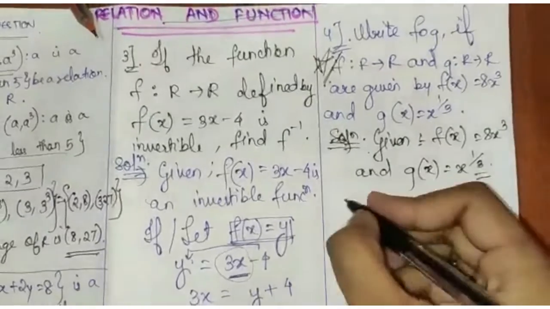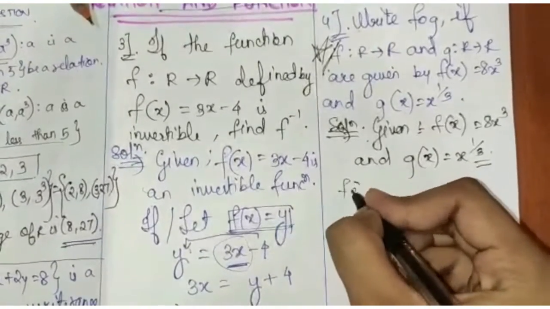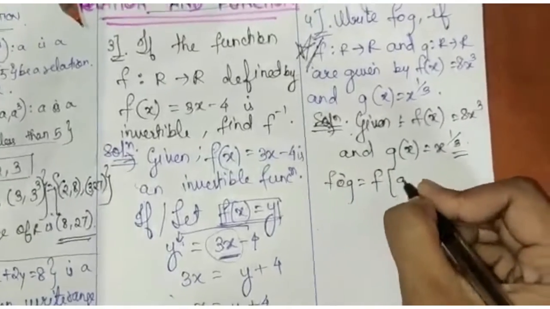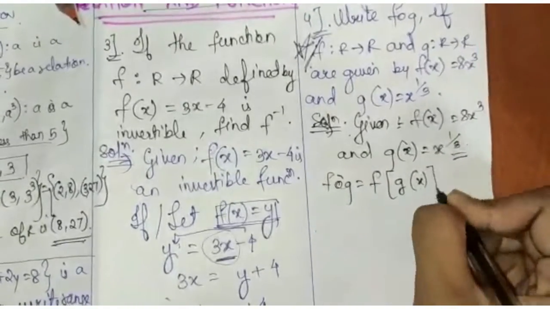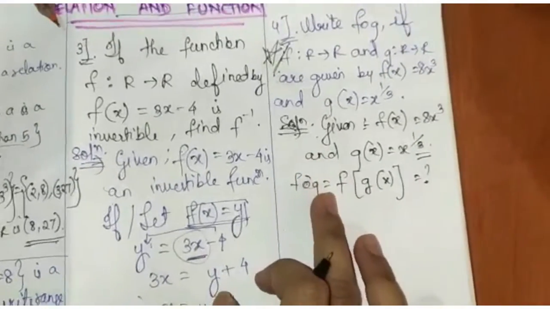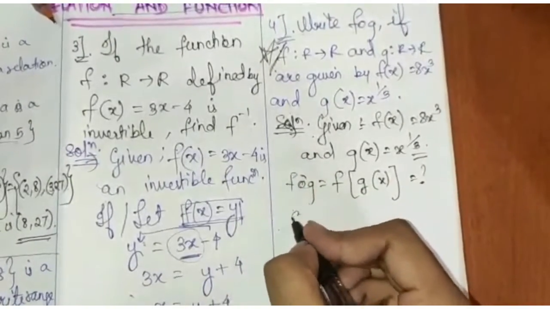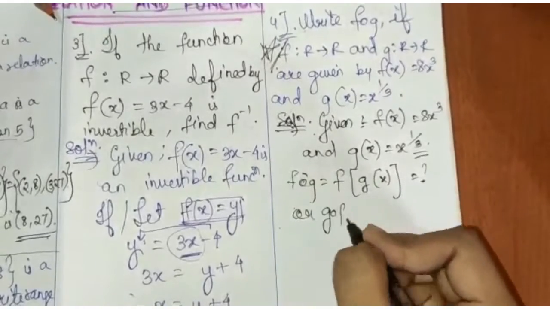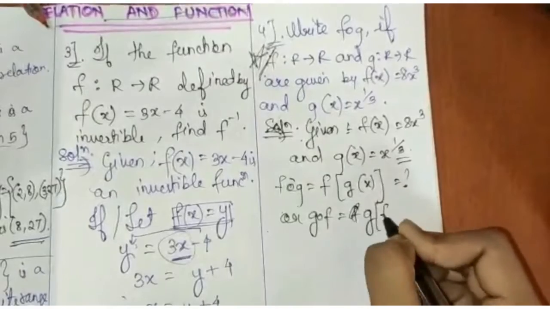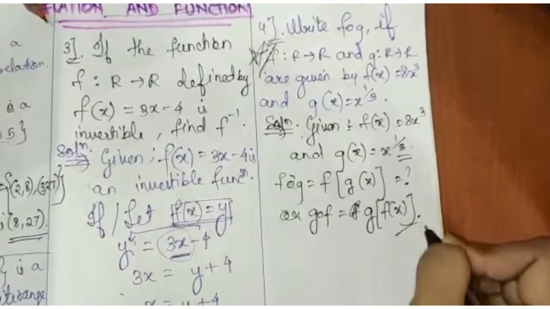Now in this type of questions, understand the difference. So f of g, that means f of g of x, they have told you to find this. Also, now in this question, they have not told you to find, but remember that g of f is equal to g of f of x. So this is the notation.